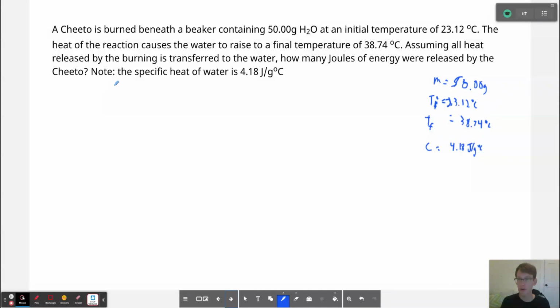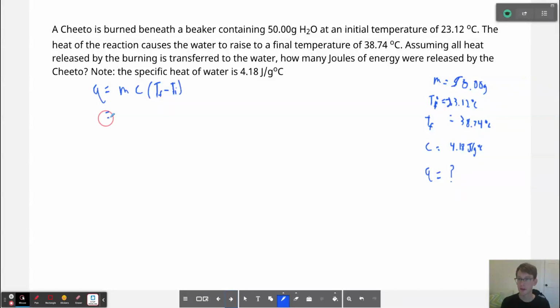So if we were to try to solve this problem, we're looking for the Q, apparently, how many joules of energy were released. So that's what we're solving for. So we need to use our formula, Q equals mc delta T, which is Tf minus Ti.